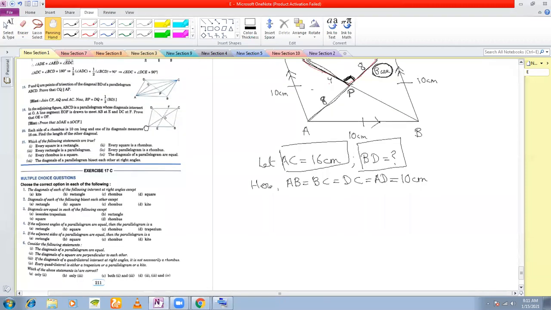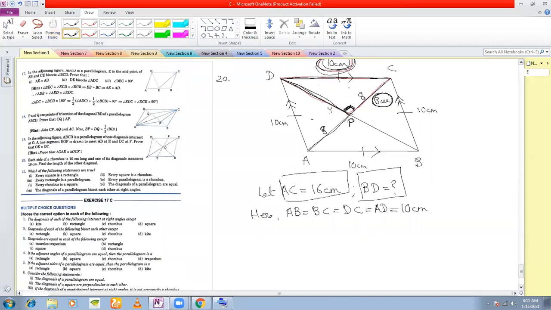We'll see how to write. First of all, we'll start by saying AC is equal to 16 centimeters, BD is equal to, we have to find out. Also, the length of each side is 10. So I've written AB is equal to BC is equal to DC is equal to AD is equal to 10 centimeters.